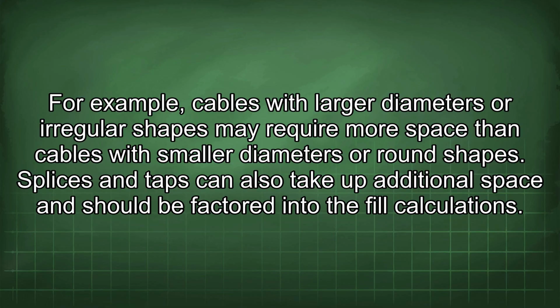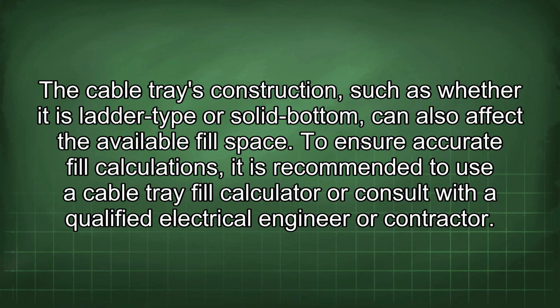Splices and taps can also take up additional space and should be factored into the fill calculations. The cable tray's construction, such as whether it is ladder type or solid bottom, can also affect the available fill space. To ensure accurate fill calculations, it is recommended to use a cable tray fill calculator or consult with a qualified electrical engineer or contractor.